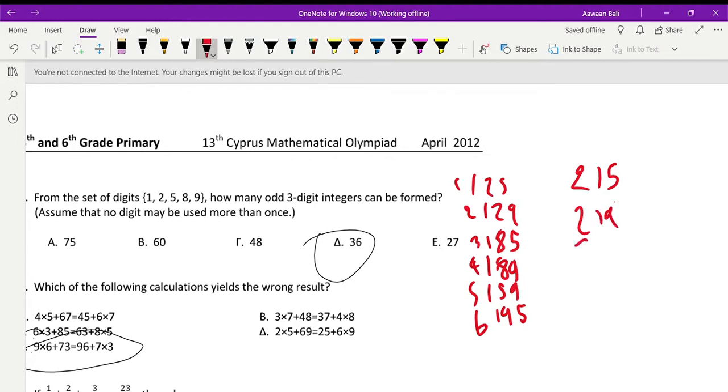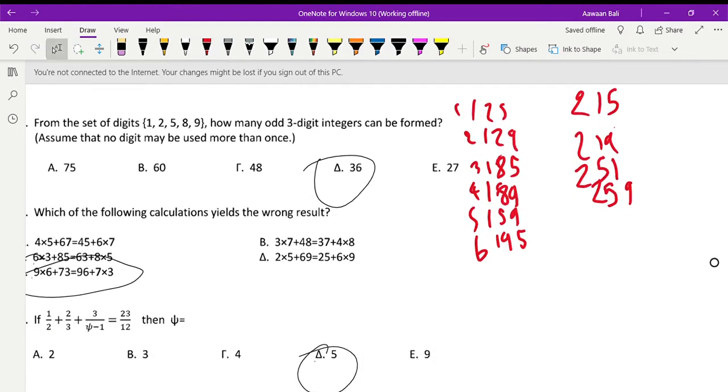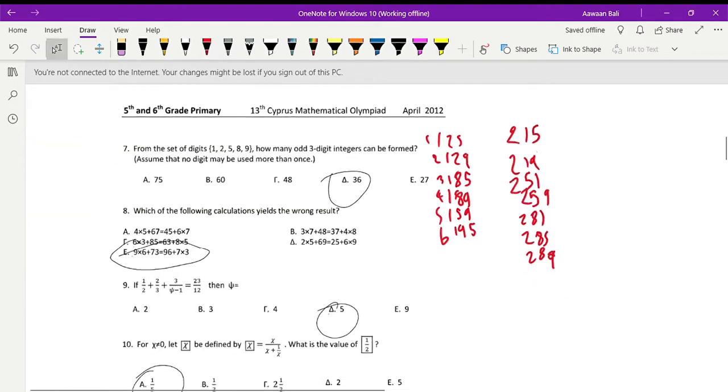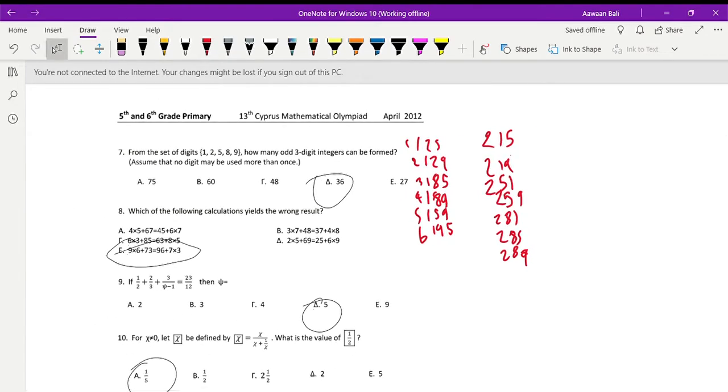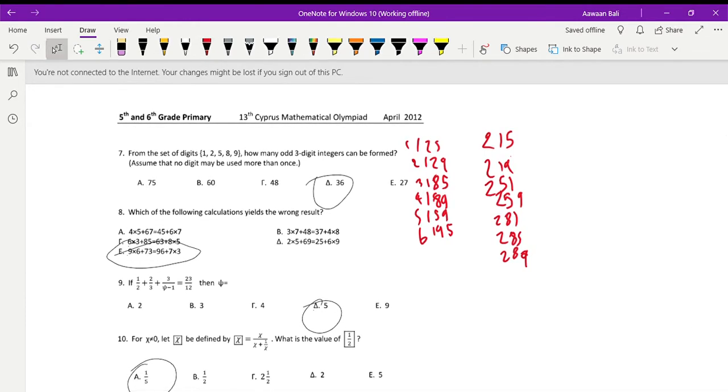And then we have 2, 2, 5, 1, 2, 5, 9. Then we have 2, 8, 1, 2, 8, 5, 2, 8, 9. And then finally we would have 2, 9, 1 and 2, 9, 5.